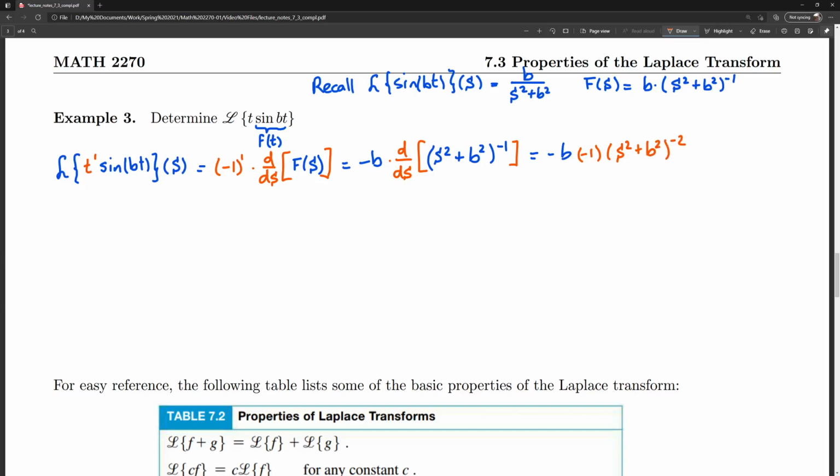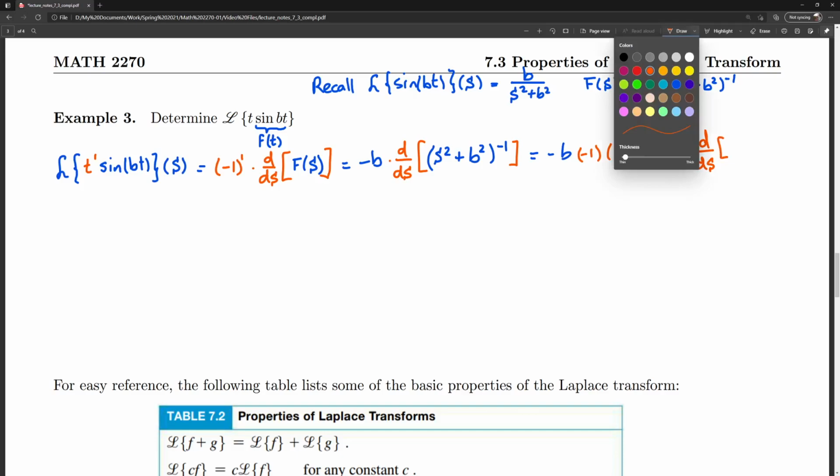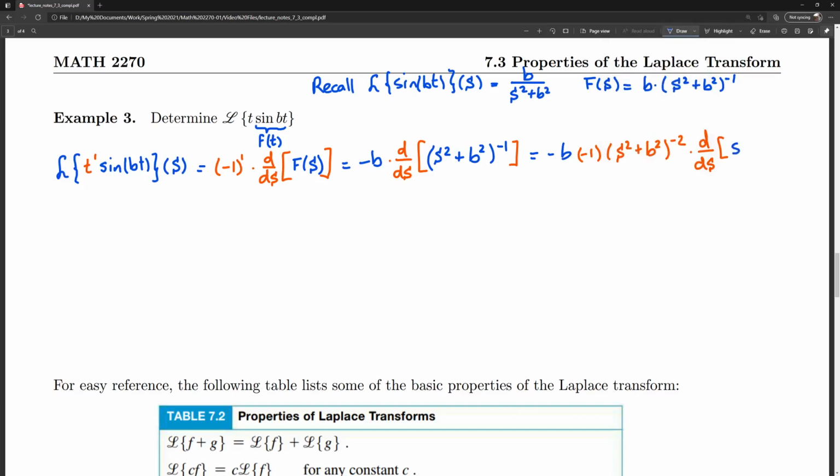Now, I then still have to multiply by the derivative of the inside function, s squared plus b squared. That's my chain rule. Now, the derivative of b squared is the derivative of a constant, so that's 0. And the derivative of s squared is 2s.